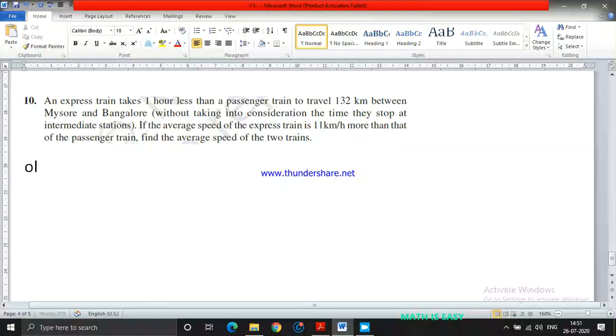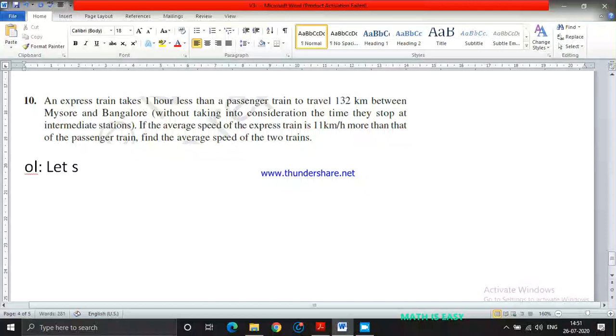So solution, what is given here? An express train takes 1 hour less than the passenger train to travel 132 kilometers between the two stations, and the average speed of the express train is 11 kilometers per hour more than the passenger train.